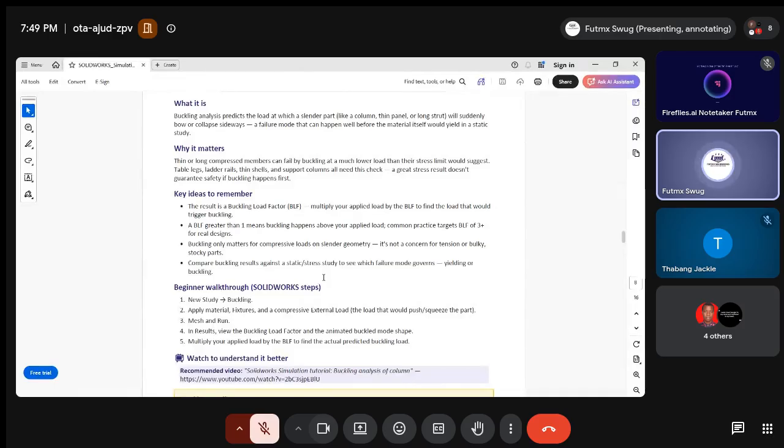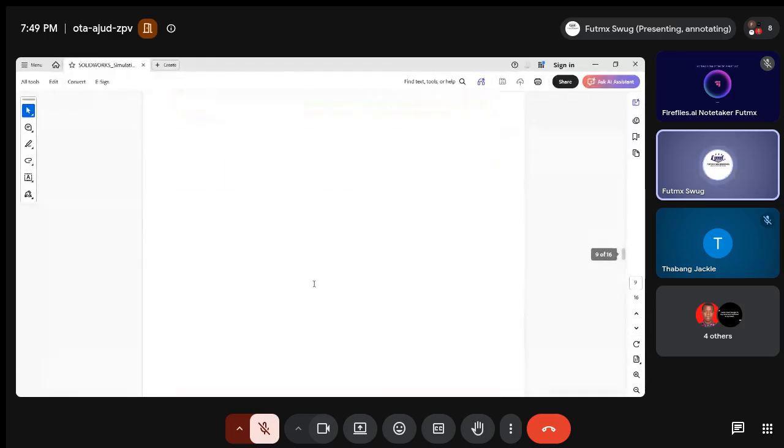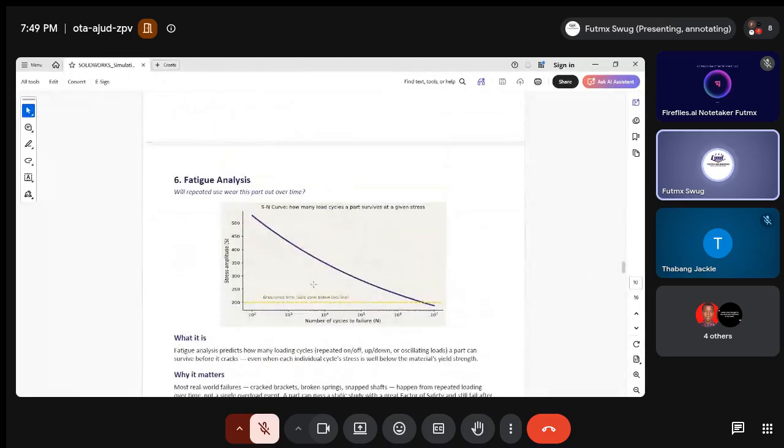Now, the next one we are going to be talking about is our fatigue analysis. So you may be asking, what's the difference between our static analysis and our fatigue analysis? Because it's basically almost the same thing, but your fatigue analysis is basically telling you, you may be wondering, okay, for materials or for products, how do you know the life cycle of a particular product?